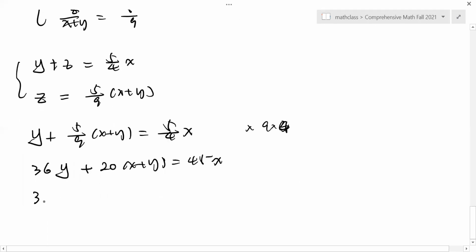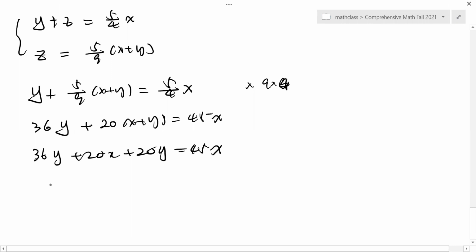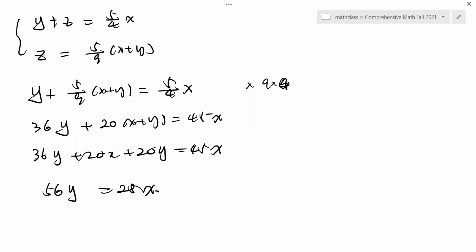Multiply this out: 36y plus 20x plus 20y equals 45x. So I have 56y. Then move 20x to the right-hand side, and I have 25x. So I got the relationship between x and y, and I can express y in terms of x.